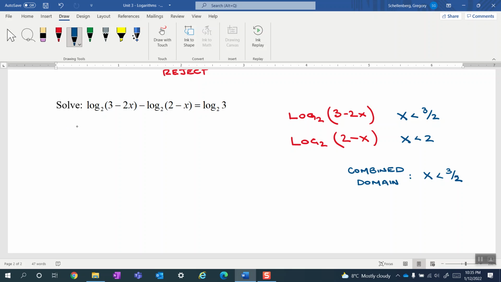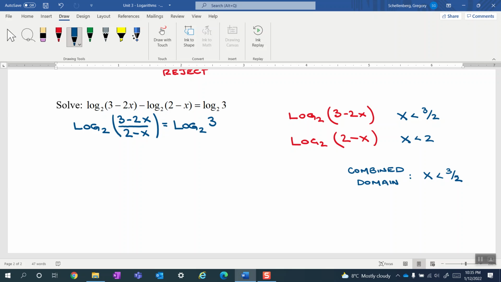I'm going to rewrite as a single logarithm here. We've got log base 2 of 3 minus 2x as our numerator, 2 minus x as our denominator. And on the right-hand side, we've got log base 2 of 3.